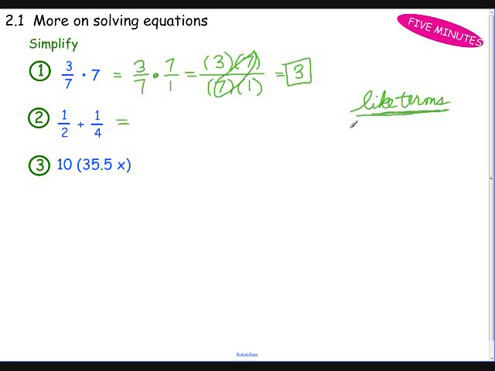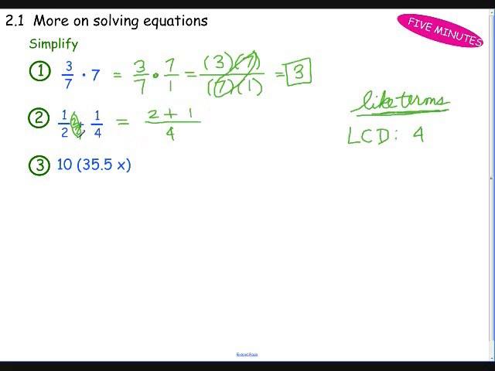We're going to look for the least common denominator, which is 4. This one already has 4, this one does not, so what are we going to do? We're going to multiply it by a fancy one, namely 2 over 2, which will give us 2 over 4 plus 1 over 4.